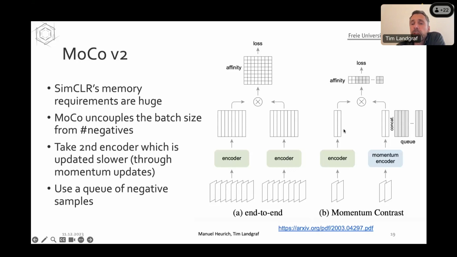The affinity matrix here is much smaller because they basically have a long queue of negative samples and only a few, so the batch size here is only 2, only a few samples that they draw from the data set, and then compare like this. These are the positives, and all the rest are the negatives.